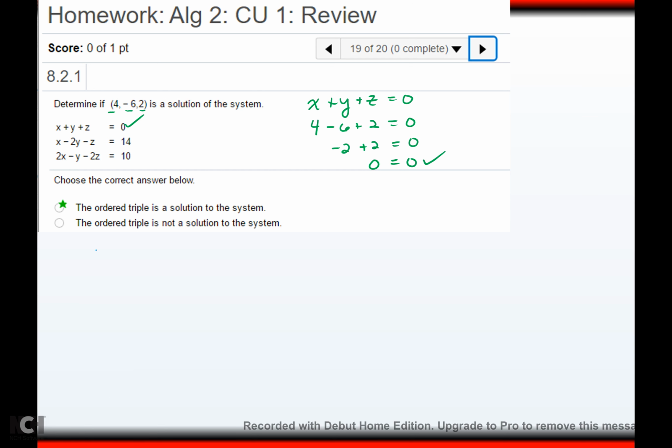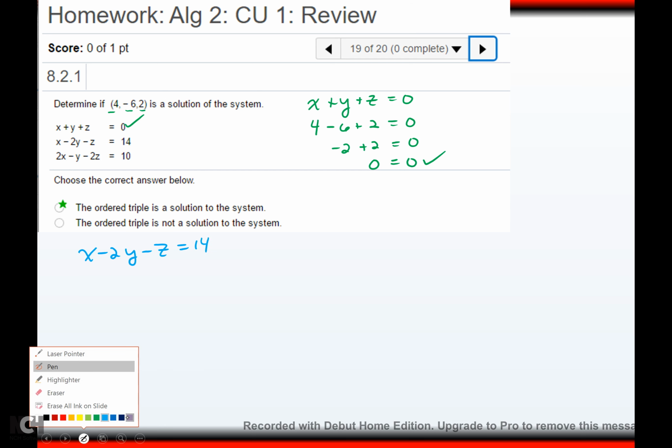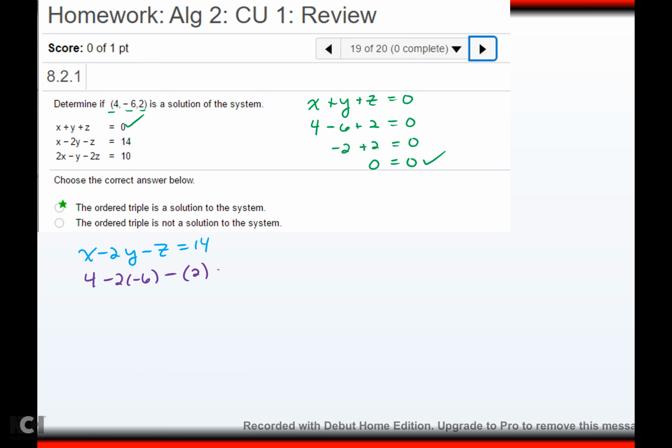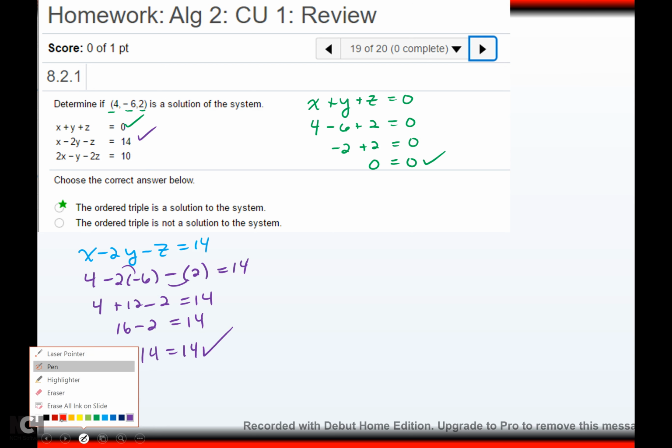So if I check the second equation, x minus 2y minus z equals 14, and I plug in my numbers, I have 4 minus 2 times negative 6 minus 2 equals 14. That's going to be 4 plus 12 minus 2. That's 16 minus 2, which is 14, which equals 14. So 2 out of 3, so far so good, but it's got to work in all three.